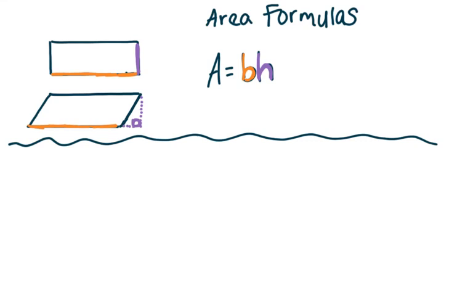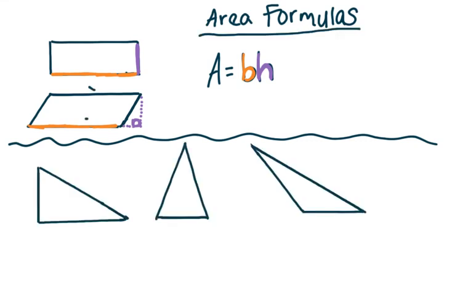And by multiplying those 2 measurements, we'll have the area of the shape. And then for right triangles, acute triangles, or obtuse triangles, we have the formula for the base rectangle or parallelogram that it's part of, base times height. And then because the rectangle or parallelogram is double the triangle, we would half it.